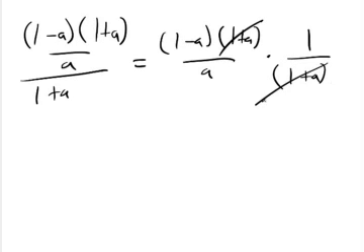These values cancel, and we're left with 1 minus a over a. And that's the answer, the simplified form of our complex fraction.